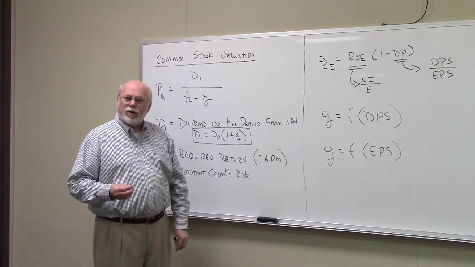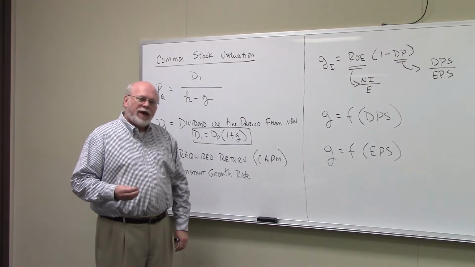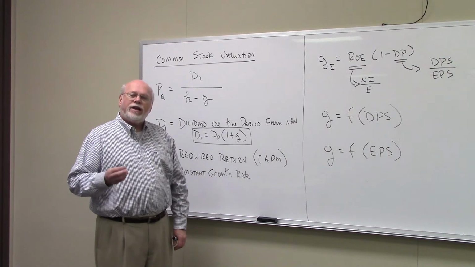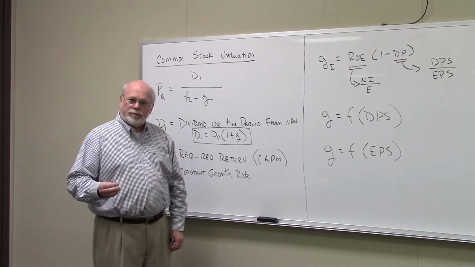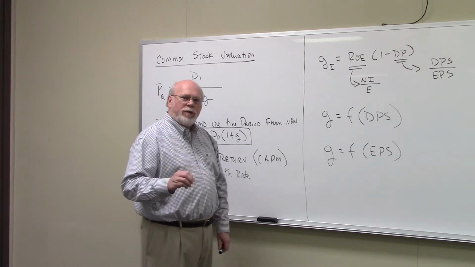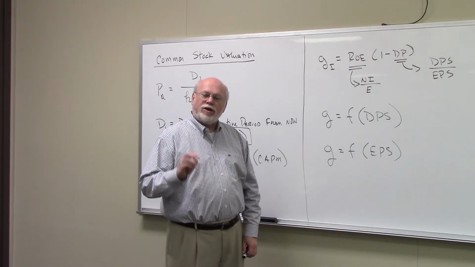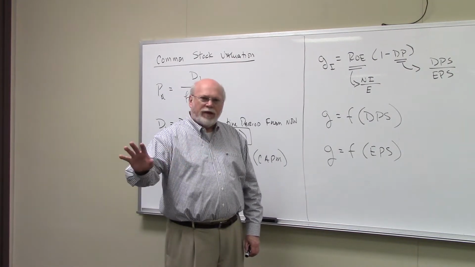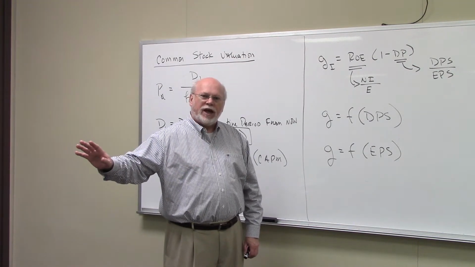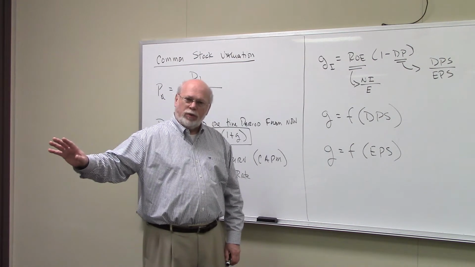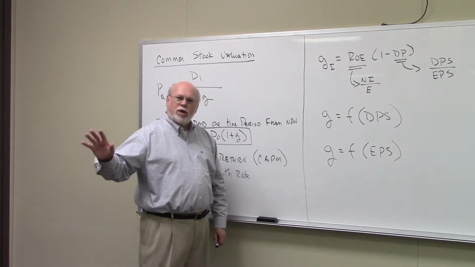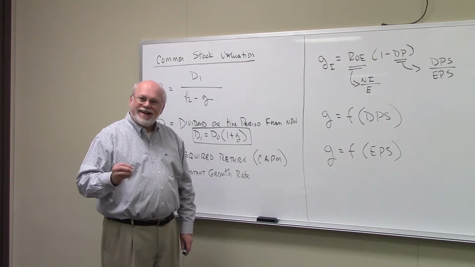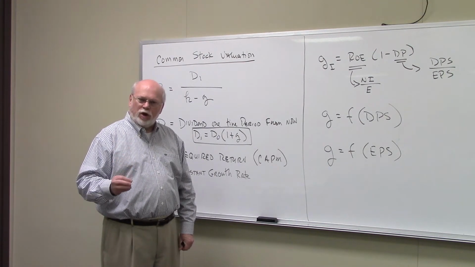Now the dividend payout ratio is simply the dividends per share that a company pays divided by the earnings per share. If the company you had common stock in earned $10 a share, that means if you multiply that by the number of shares you own, that's how much of the earnings belong to you. So on a per share basis, you own $10 for every share that you own.